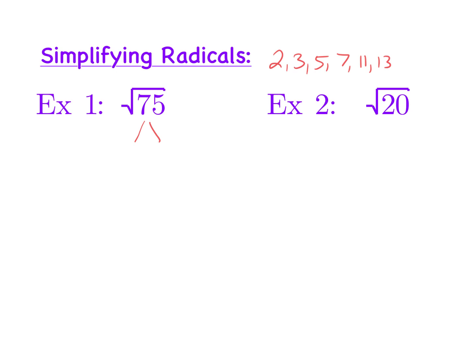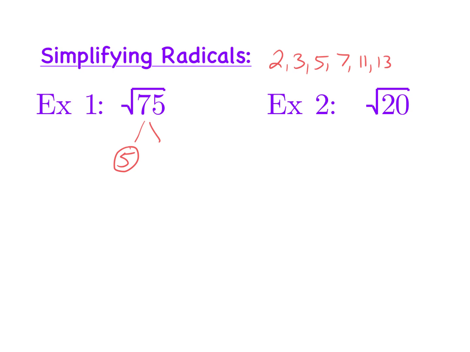If it ends in a 5 or a 0, we can always divide it by 5. Okay, so those are a couple tricks to remember. So this one ends in 5, so I know that I can divide it by 5. So I'm going to put my prime number on the left, and I'm going to circle it. Always put your prime on the left, and then circle it.